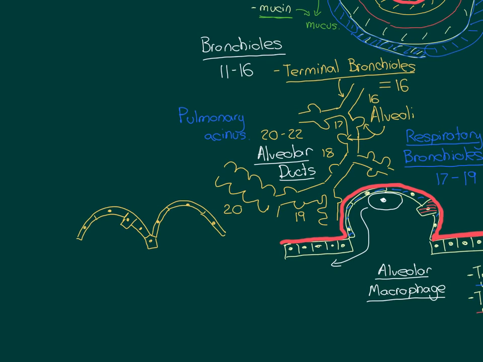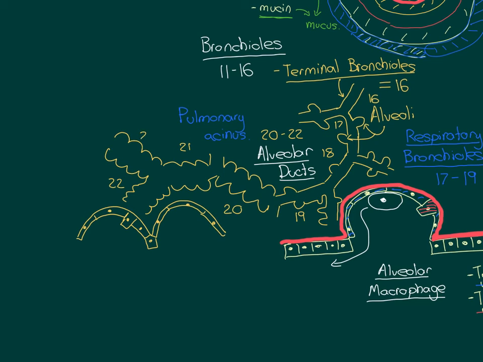So I might even try just to draw this. So let's have this one splitting here and giving rise to 2 alveolar ducts. So let me just rub that out. So here's another alveolar duct. This one is now of generation 21. Let's then have this splitting to give rise to 2 alveolar ducts of generation 22.